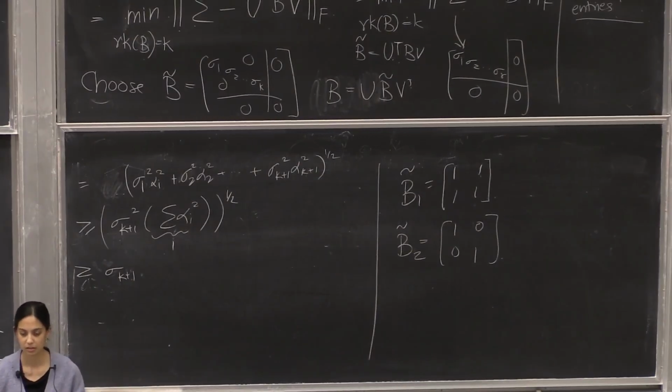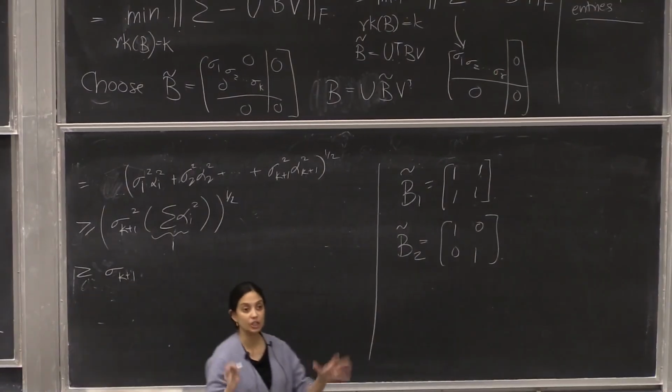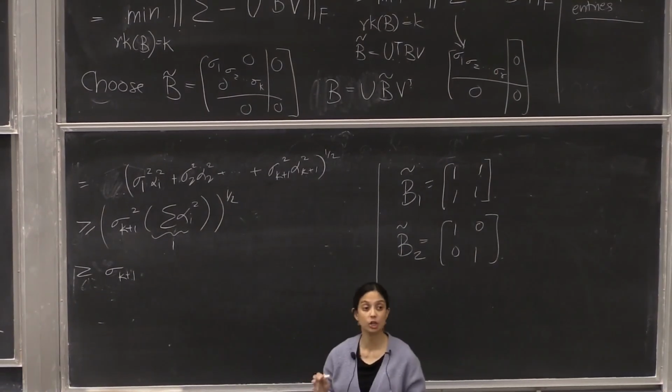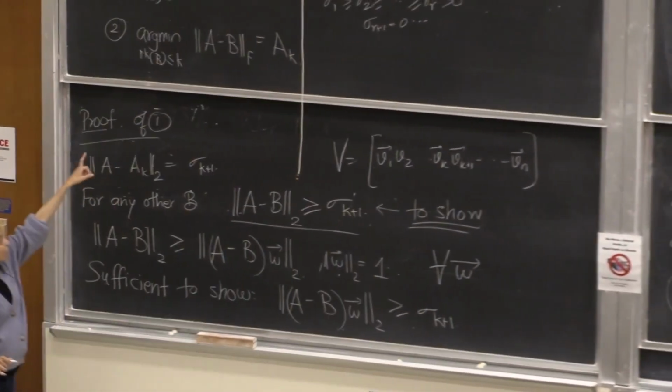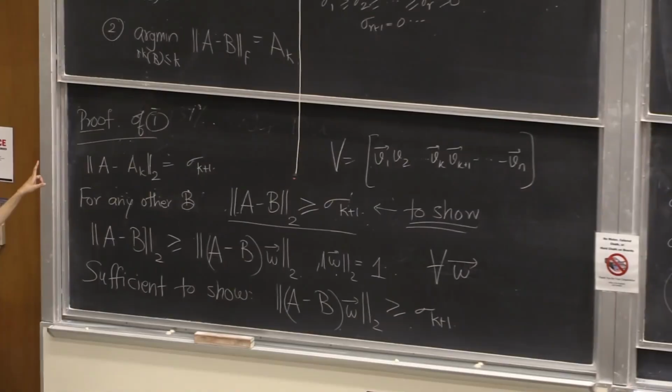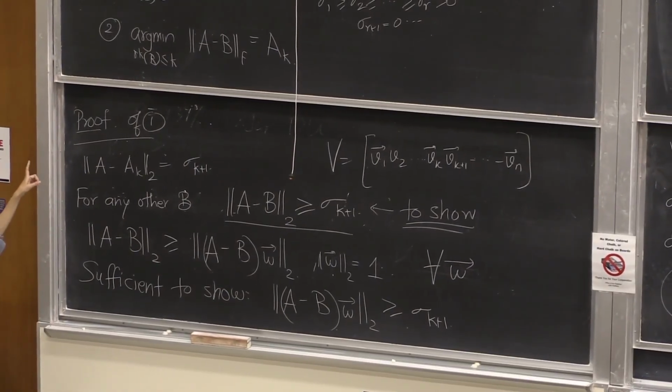Yes? Kind of relating to that, if you change the rank, how would that affect the minimization? Is there a correlation, like increasing rank would necessarily decrease it? Great question. Is increasing rank necessarily going to decrease my minimization? The answer is absolutely yes. For example, if this K was equal to N, what is the value of this minimization?